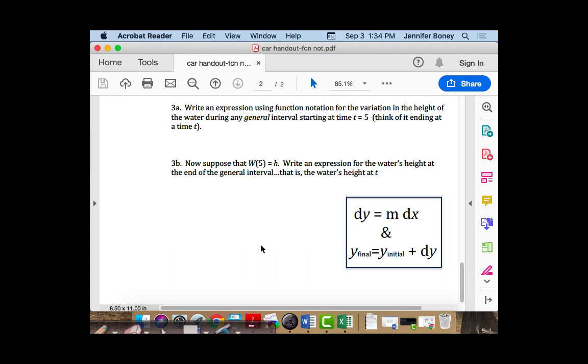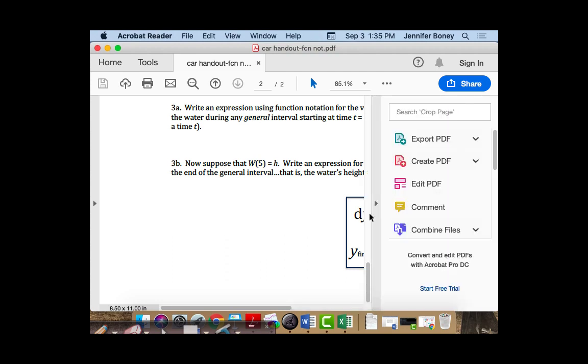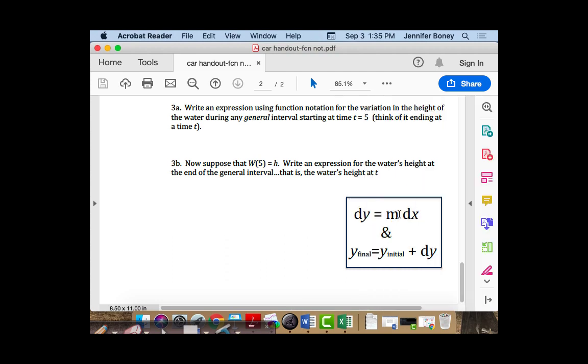They're a constant multiple of the values of the independent quantity. So dy equals m dx, and then there's this y final equals y initial plus dy. And since dy is also a multiple of dx, sorry about that, instead of y initial plus dy, I could talk about y initial plus m dx as well. They mean the same thing.